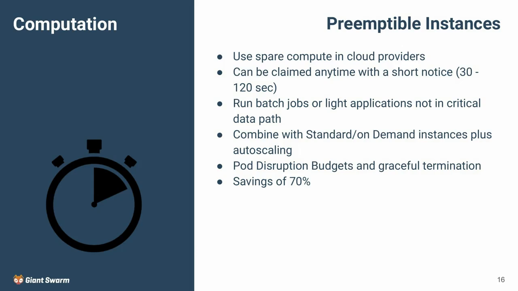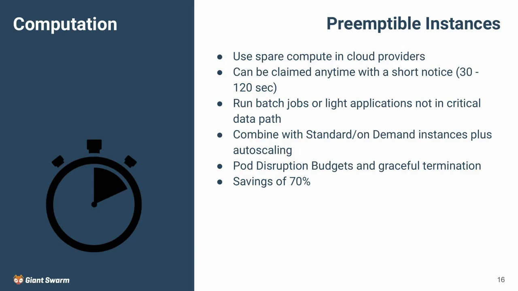So they make use of these spare resources, giving us substantial discounts to use them. But the drawback is that at any time, like within 30 or 150 seconds, depending on the cloud provider, they can claim back the instance.